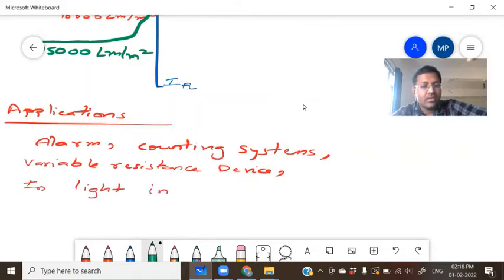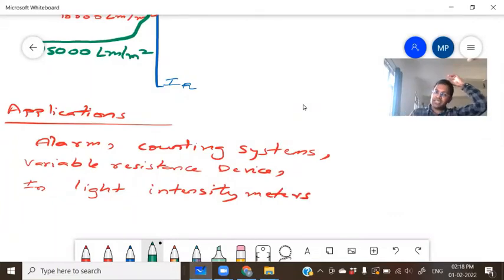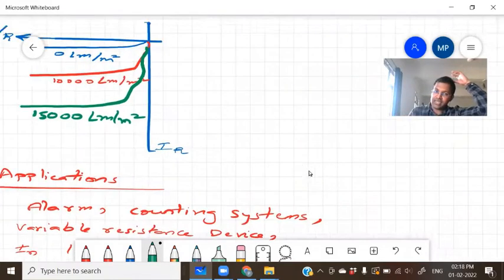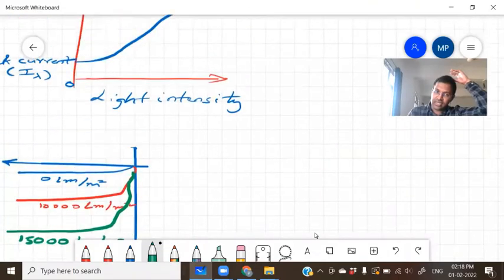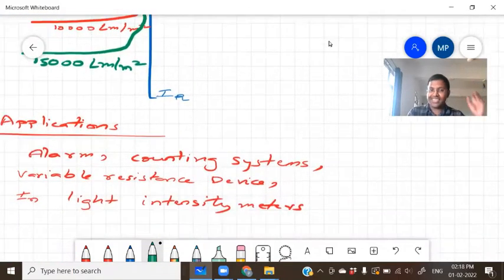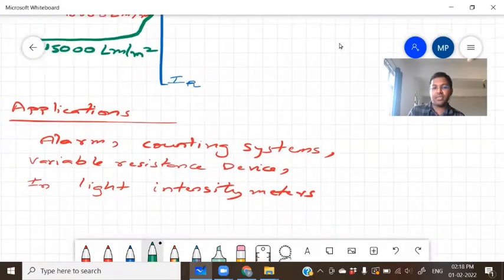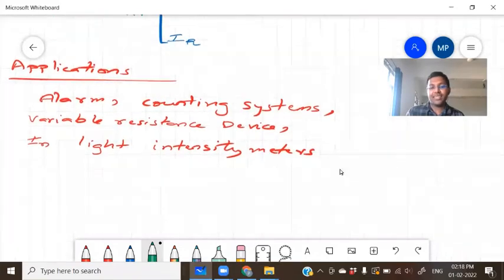Next, it is also used in light intensity measurement. Depending on the light intensity, the leakage current, the reverse current, changes. Using this principle, you can measure the light intensity, so this photodiode is useful in light intensity meters.